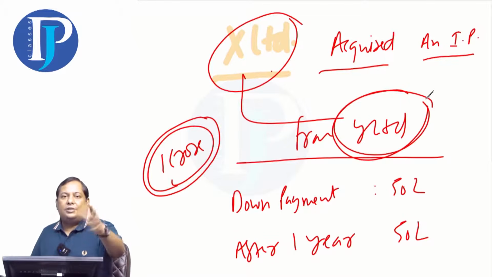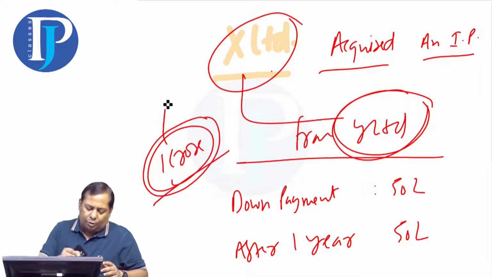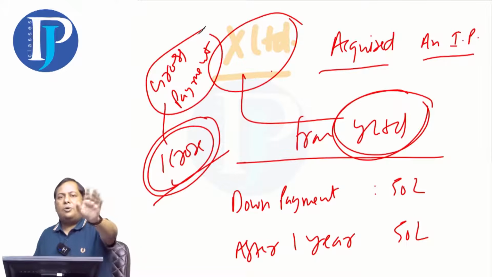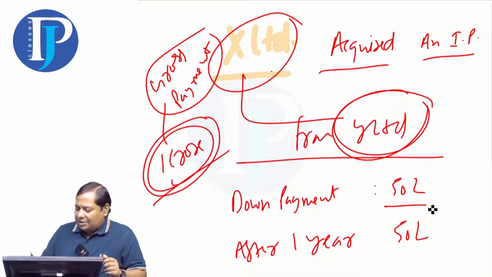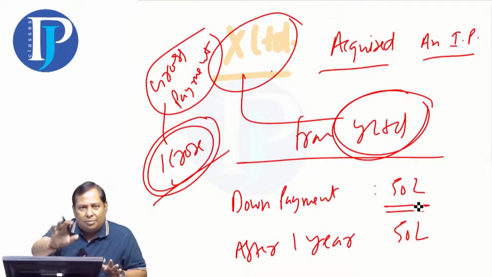And Ind AS 40 does not accept this. Ind AS 40 states that this amount of 1 crore rupees represents the total amount of your gross payment. You cannot refer to this as cost. You are paying 50 lakh rupees today as a down payment out of the amount of 1 crore rupees. So, we agree with you.